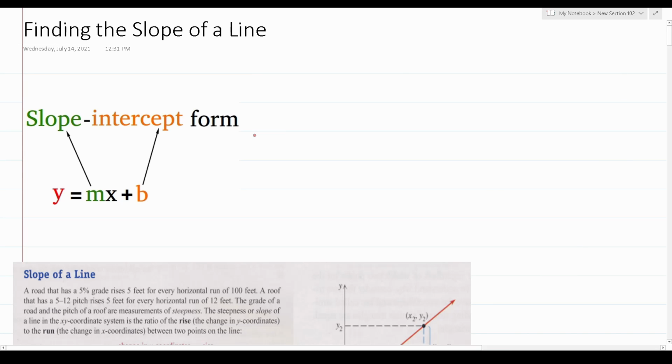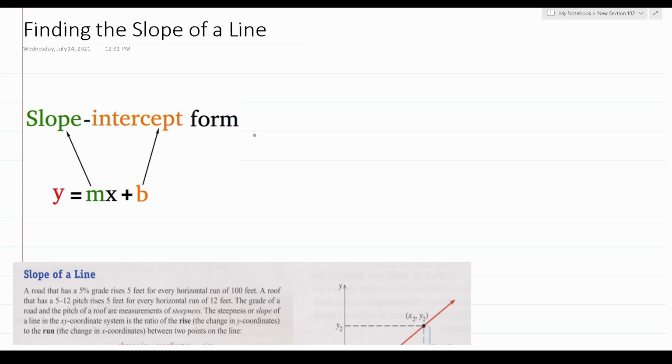Before we discuss anything about slope, I want to put everything in today's video in the appropriate context. More specifically, I want to start today's video by discussing exactly what slope is in relation to a line. So more often than not, equations of lines are written in slope-intercept form.